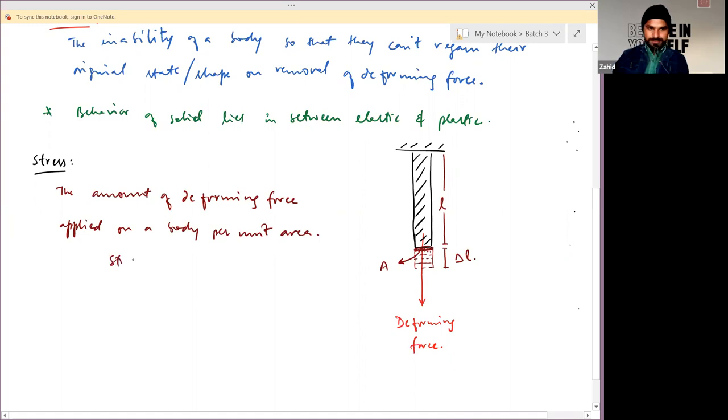So stress equals deforming force divided by area of cross section. Unit of force is Newton and unit of area is meter square. So its SI unit is Newton per meter square.